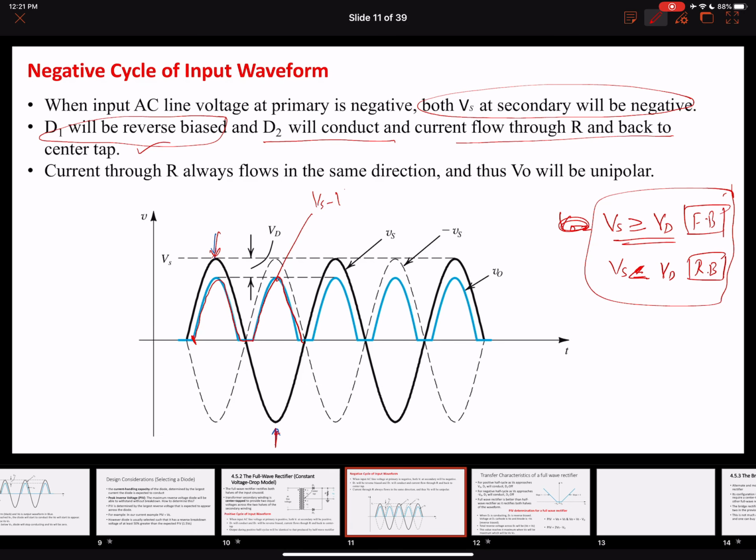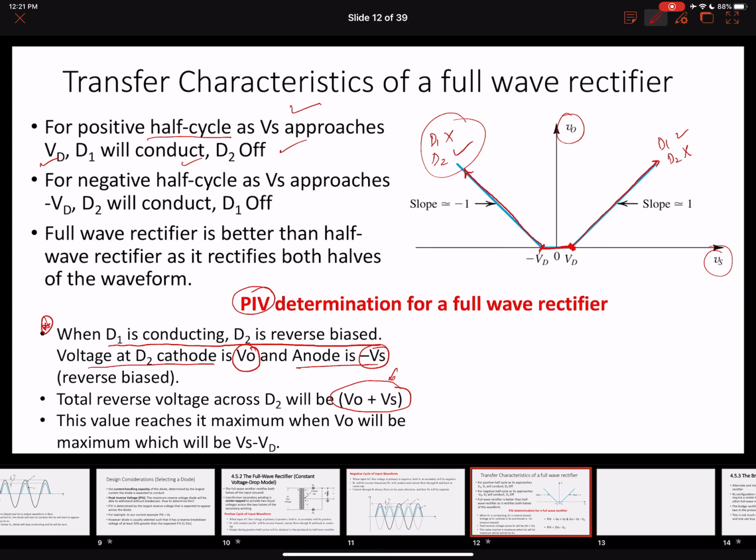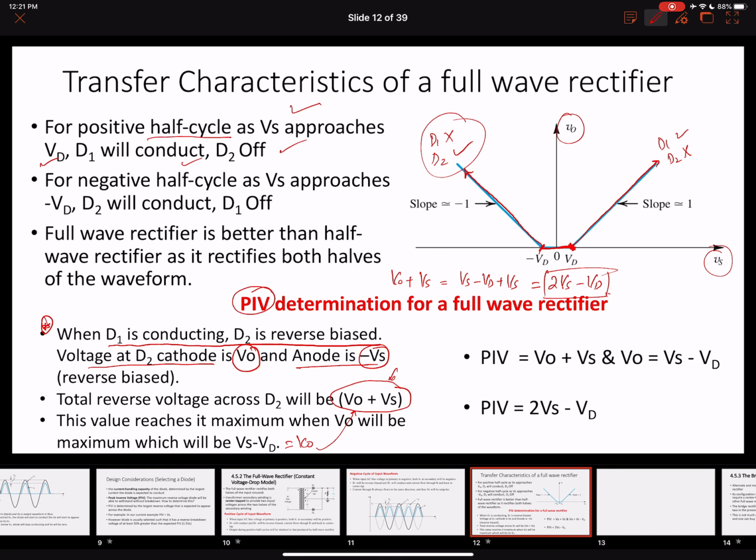So to find the maximum peak inverse voltage, we replace V0: V0 plus Vs equals Vs minus Vd plus Vs, so it will be 2Vs minus Vd. This is the maximum inverse voltage that can appear across the diode, and this will be our peak inverse voltage. This is how we determine the peak inverse voltage of a full wave rectifier circuit.